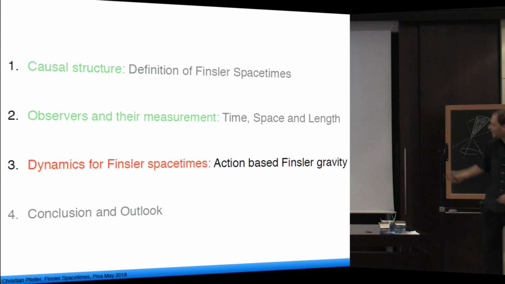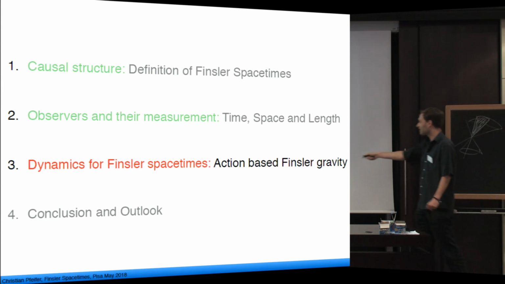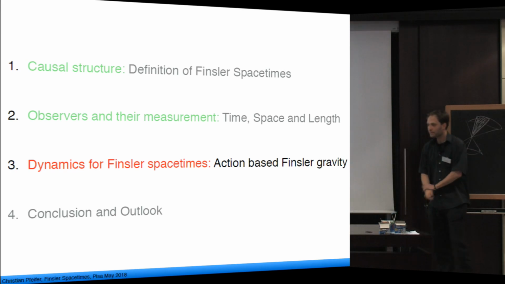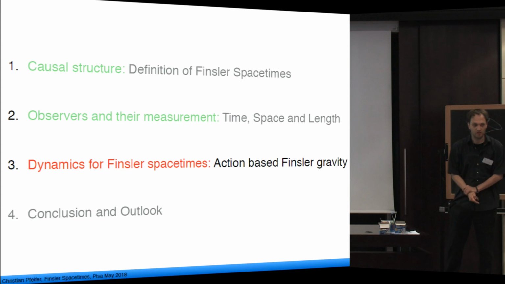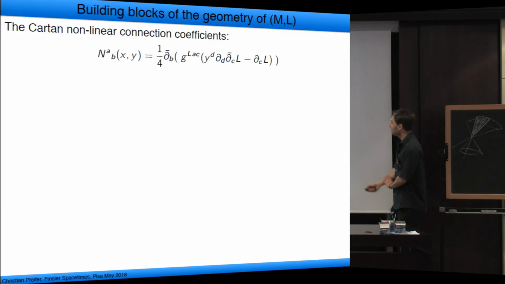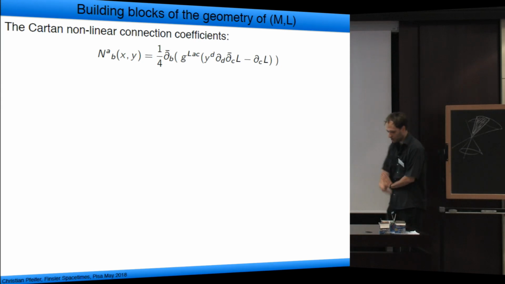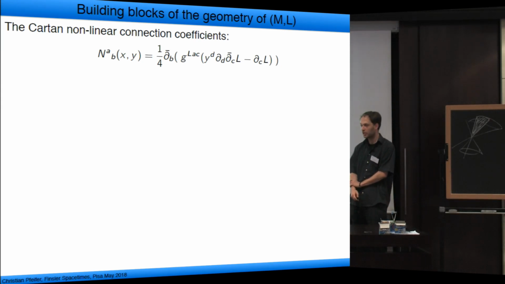Okay, what's the time? Then finally, we want to discuss dynamics of Finsler spacetime, and we cooked up some action-based Finsler gravity equations from an action on the unit tangent bundle. Therefore, we need the building blocks of the geometry, since the gravitational dynamics are defined in terms of curvature tensors.